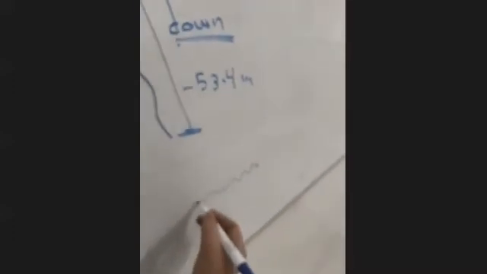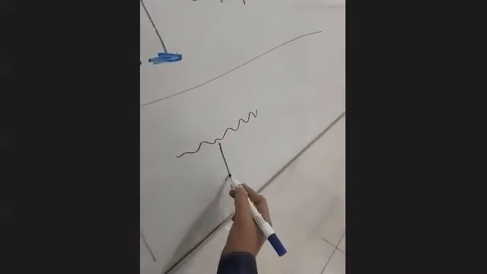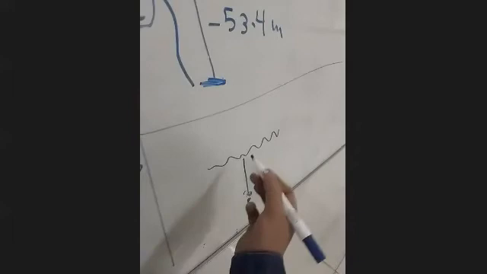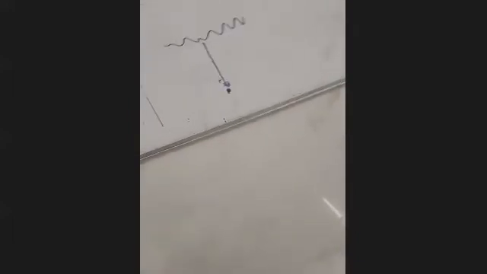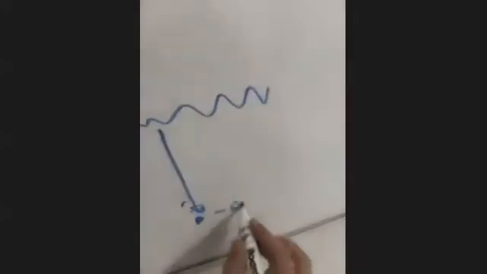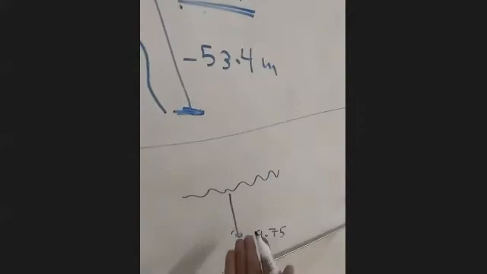Continue. If the ground has an elevation of 0 feet, evaluate. Wait. Look here, guys. This is the pool, okay? And the deepest point on the pool is negative 9.75.